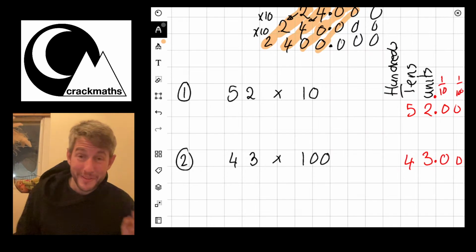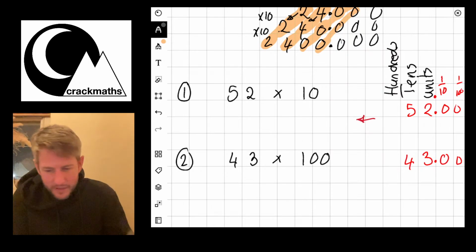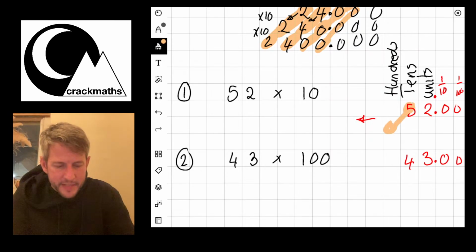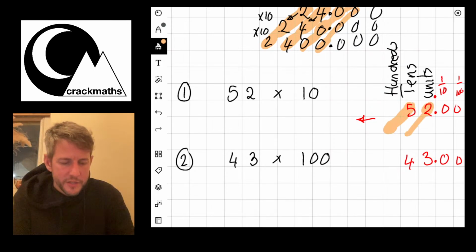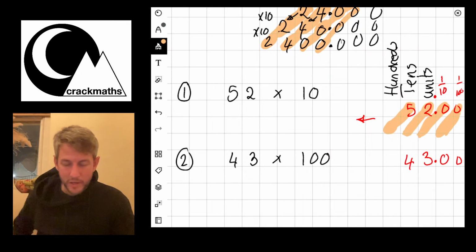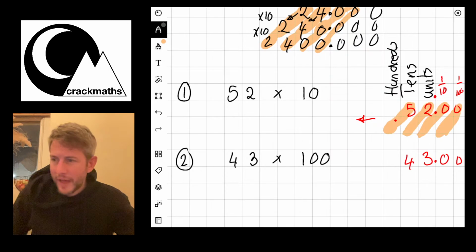Okay, right, so let's have a look. 52 times by 10 means 1 shift this way. So this 5 is going to shift to here, and this 2 is going to shift to here. And this 0 is going to shift to here. This 0 will shift to here, but it doesn't actually matter. So let me do all this and see what happens.